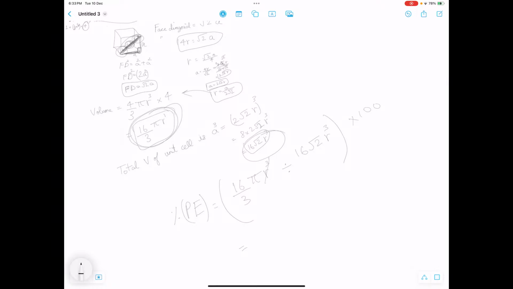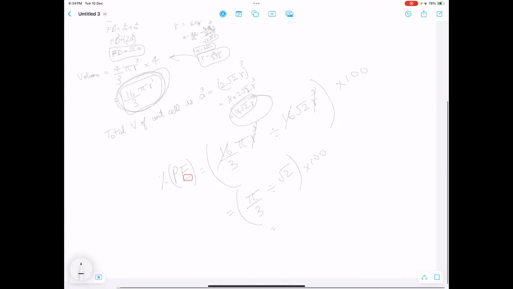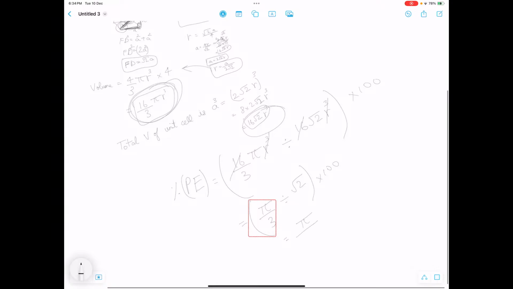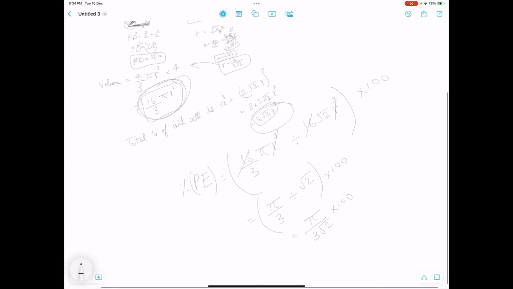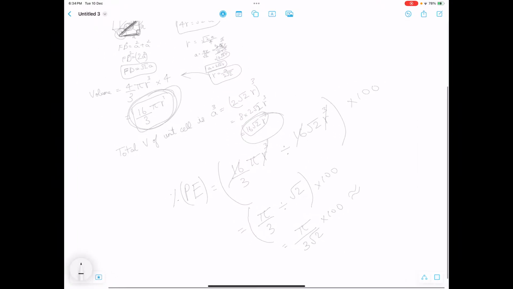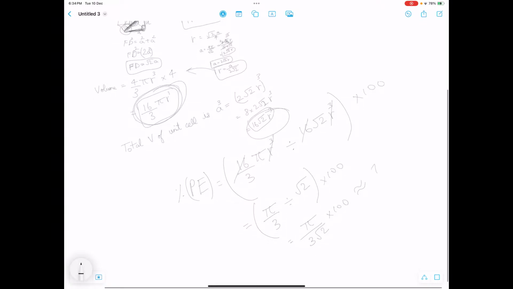From here you can understand r cube will cancel because it's divided. 16 will cancel. So what is left is pi by 3 root 2 into 100. So you simplify this more, which approximately comes out to be 74%.